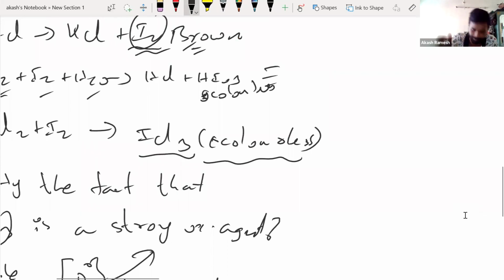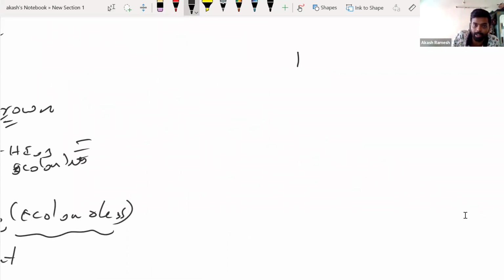So this is how the structure looks, people. For P4O10, you first draw 4 P's at 4 corners.